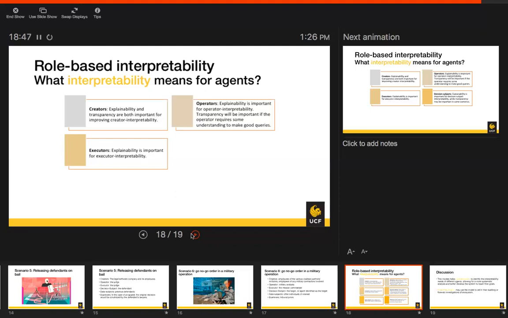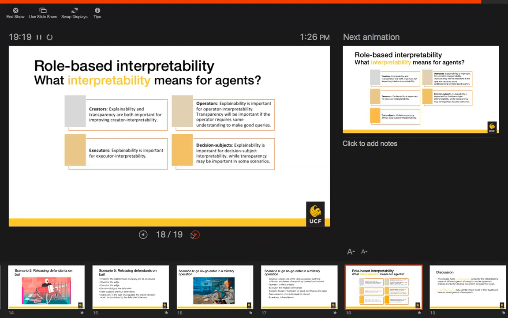And in scenario 4, the best treatment option for a terminal patient will depend on the patient's preference around life extension and quality of life. So the executors should be very clear about why the model generates the treatment it does, and what it means.